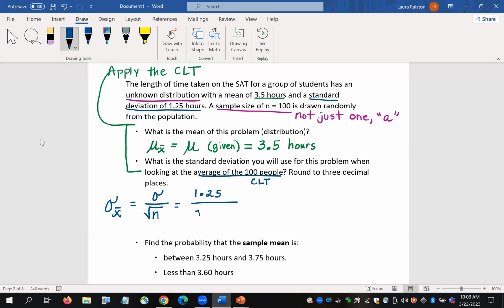And our sample size is 100. So I have 1.25, square root of 100 is 10. 1.25 divided by 10 would be 0.125. So the standard deviation that I would use is going to be 0.125.